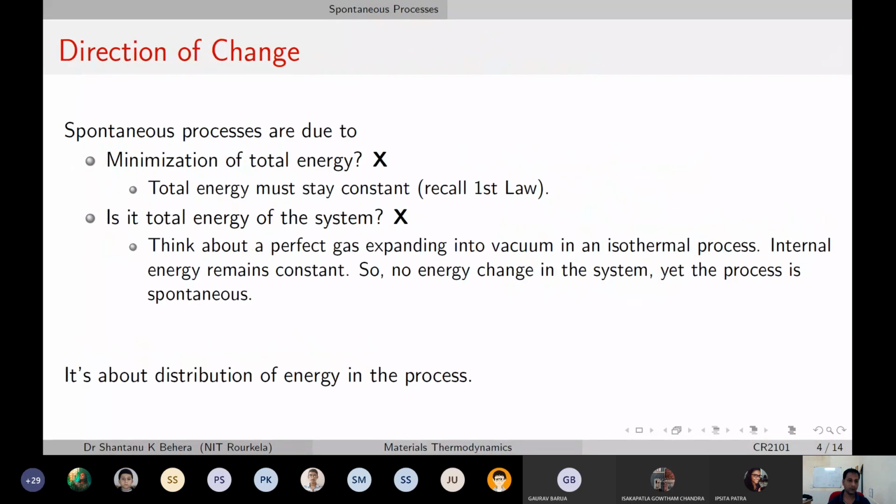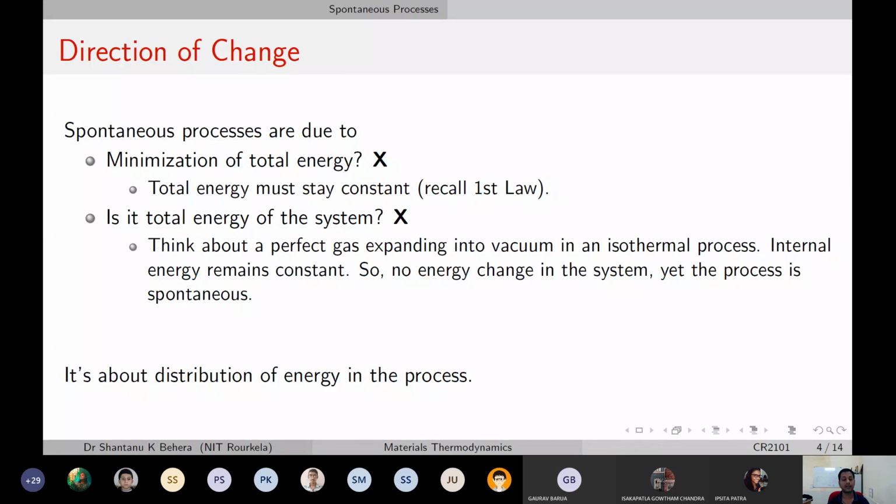All right. So there are several arguments we can put forward as to why it happens. The question is, can it be the minimization of the total energy of the system, which is something we at some point were prompted to think about.